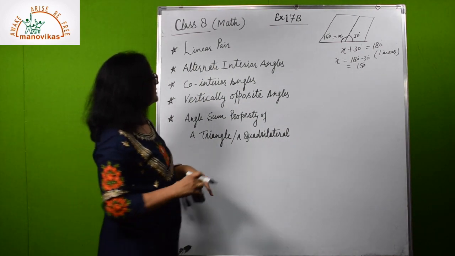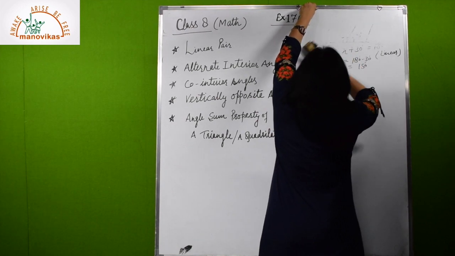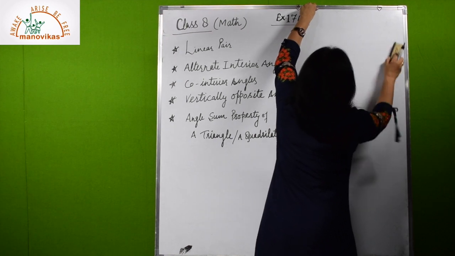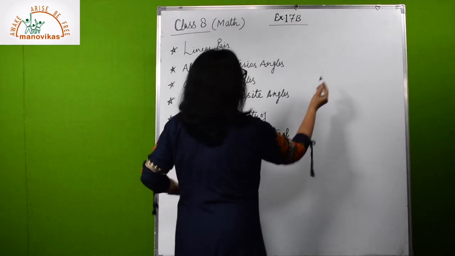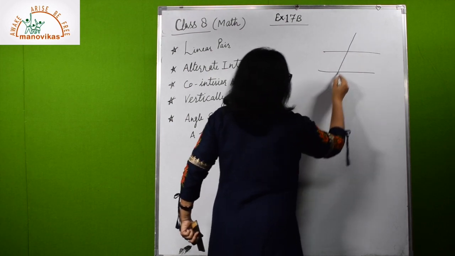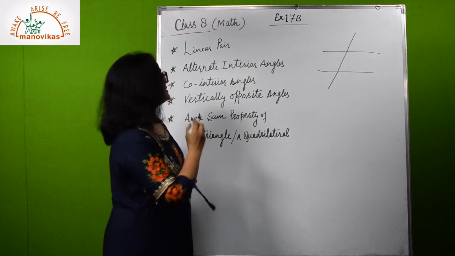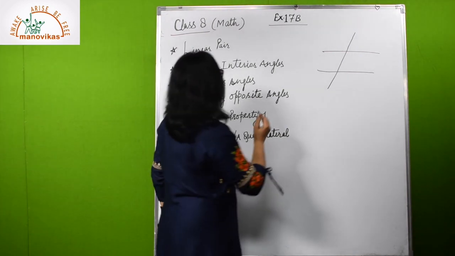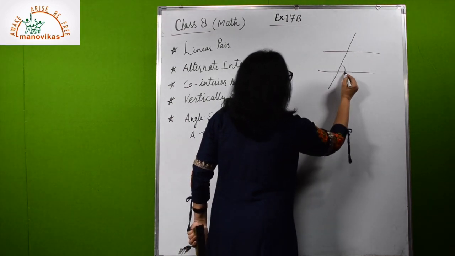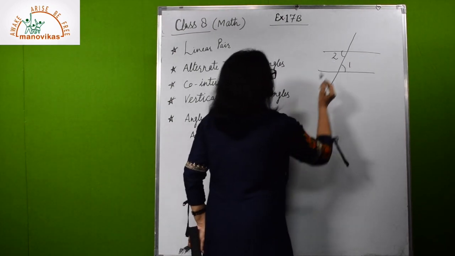Another type of the angle that you should think about is alternate interior angles. So alternate interior angles, if you remember, this is formed by two parallel lines which is intersected by a transversal. Then such angle is formed. So what are alternate interior angle? If these are the parallel lines, this angle is 1, this angle is 2.